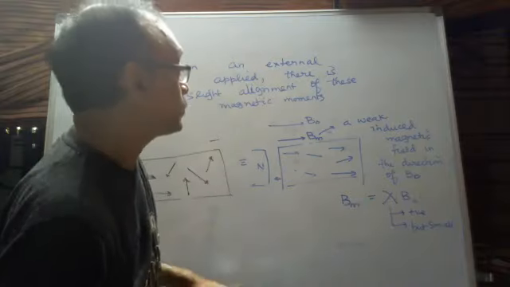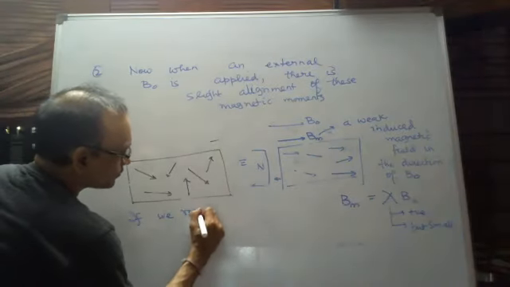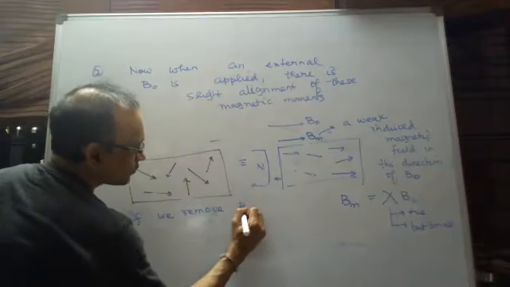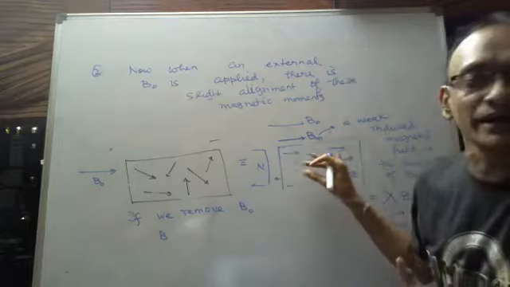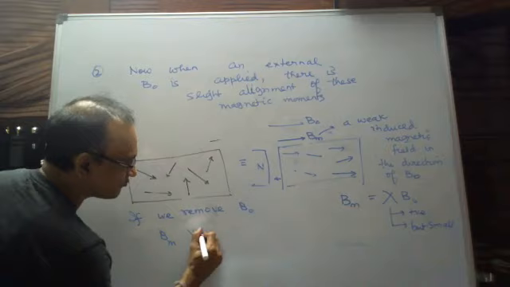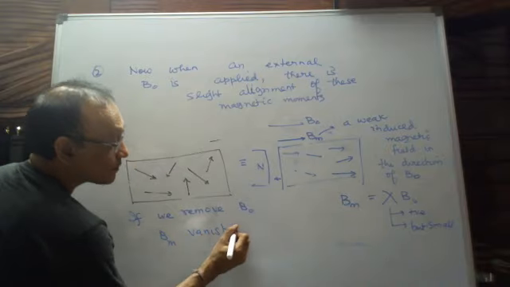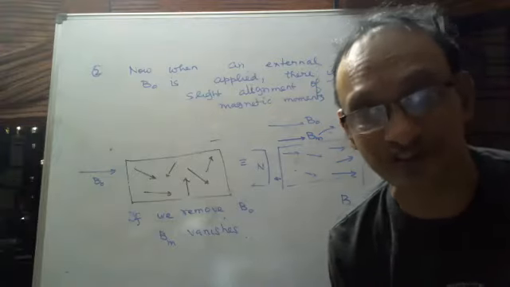Not only that, if we remove B0, the atoms go back to their original random positions. Bm vanishes once again, meaning magnetism is lost. Bm is a measure of the magnetization produced.